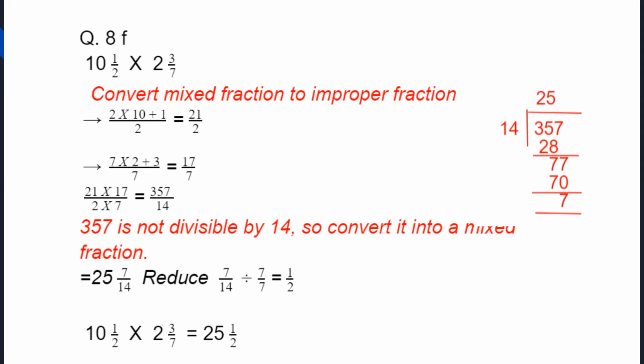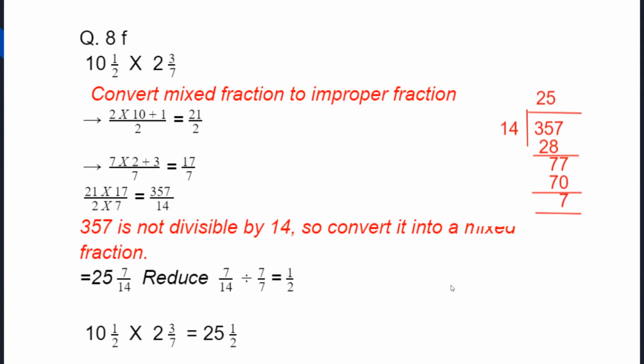So we can reduce the fraction part by dividing it by 7. So when we divide 7 upon 14 by 7, we will get 1 by 2. So now our final answer is 25 1 by 2. So when we multiply 10 1 by 2 into 2 3 by 7, we will get 25 1 by 2 as the product of these two.